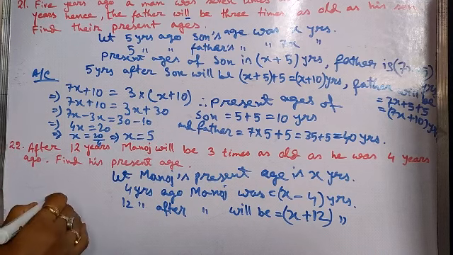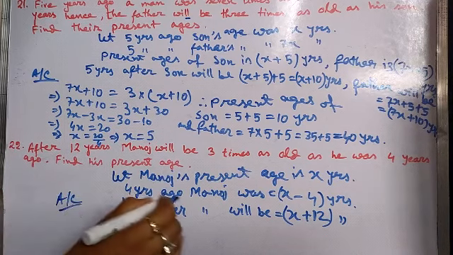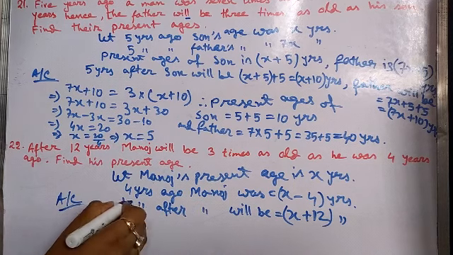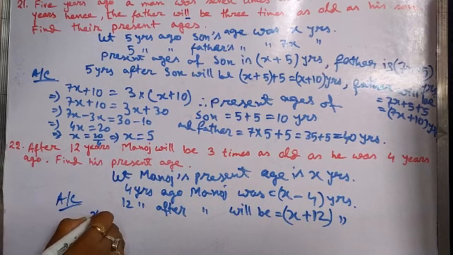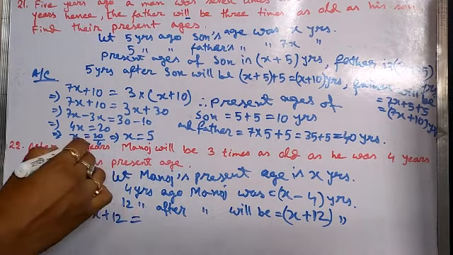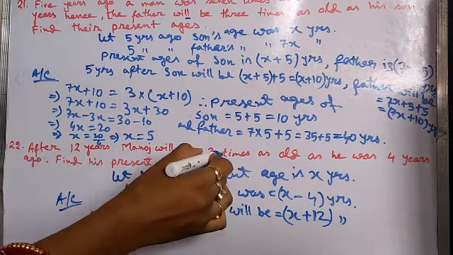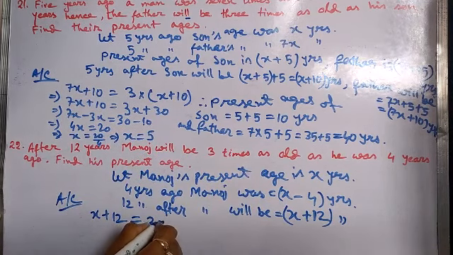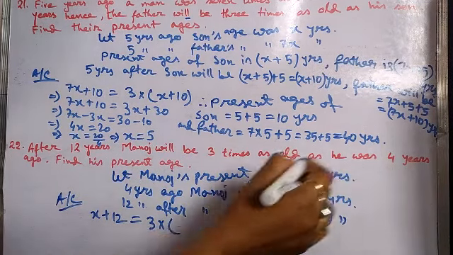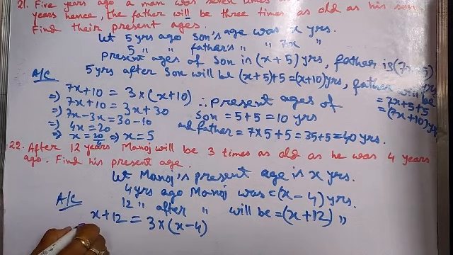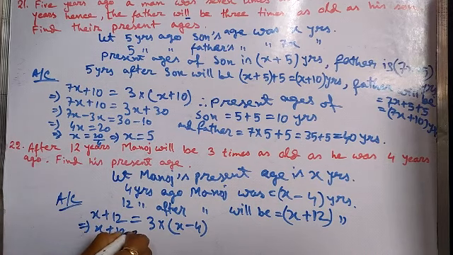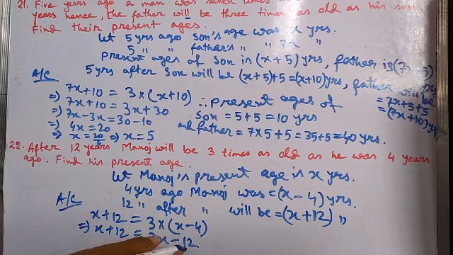So according to the condition, 12 years after the age is x plus 12 equal to 3 into what he was 4 years ago, x minus 4. This is the condition. Now we will solve it. x plus 12 equal to 3x minus 12, 3 4s are 12.